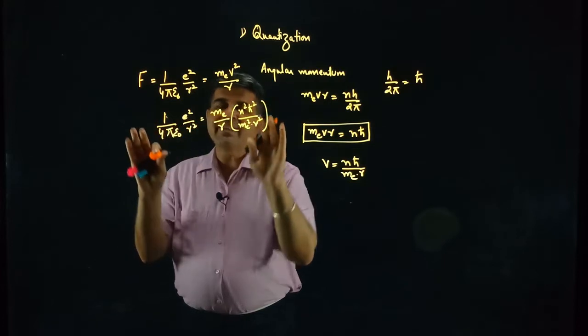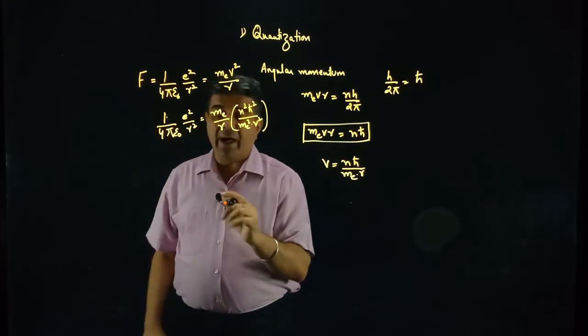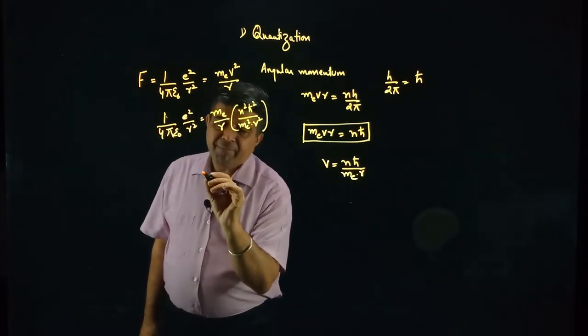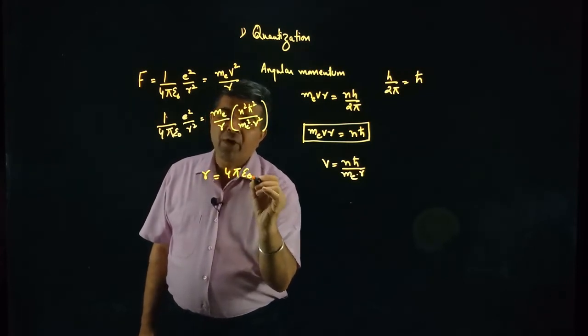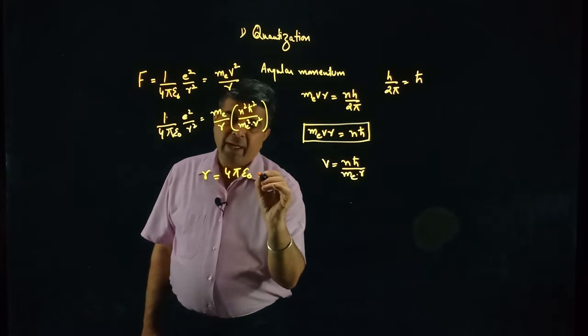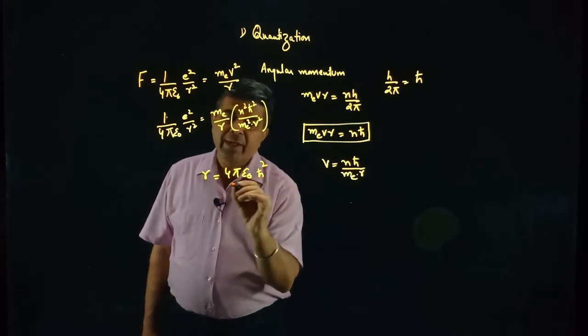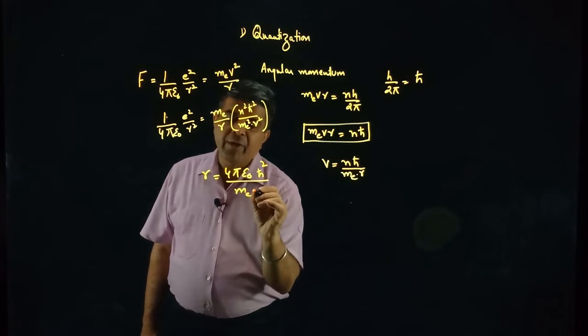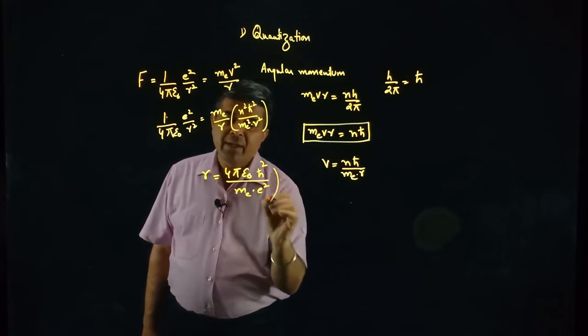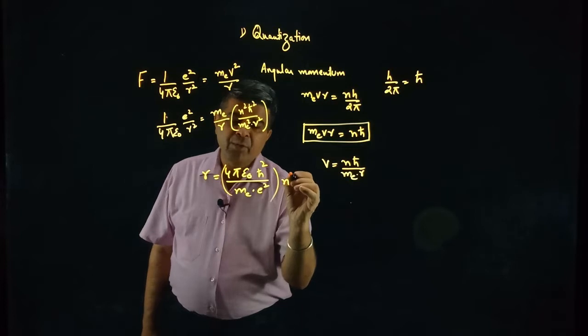So now solving this equation and calculating r, that is radius. So radius is 4 pi epsilon naught h bar square over m, mass of electron, into charge of electron square into n square.